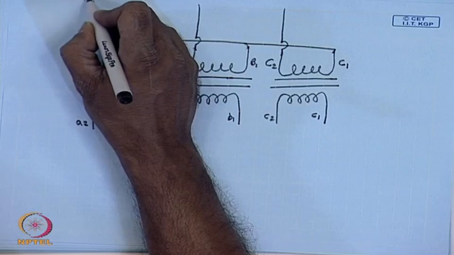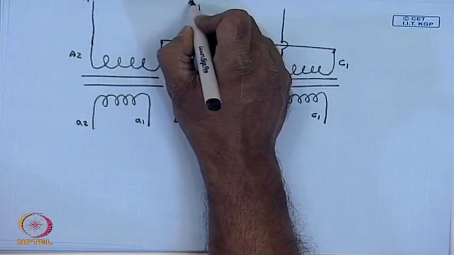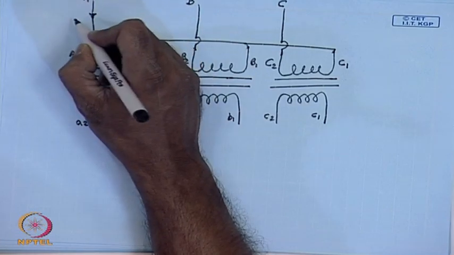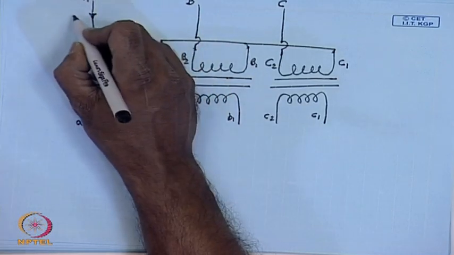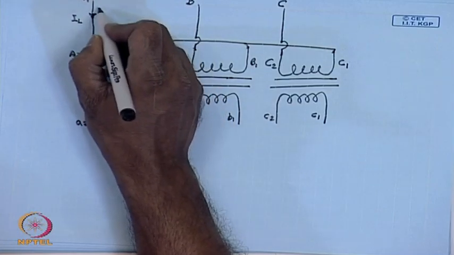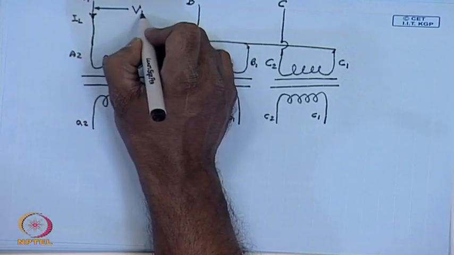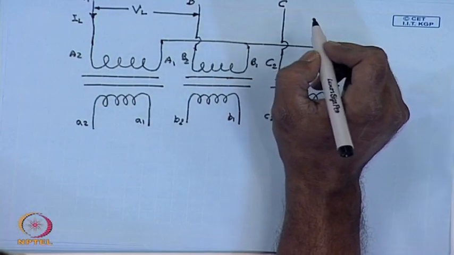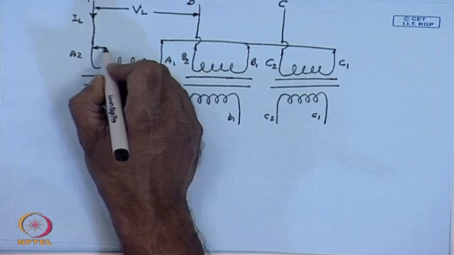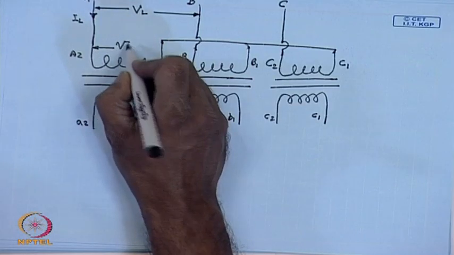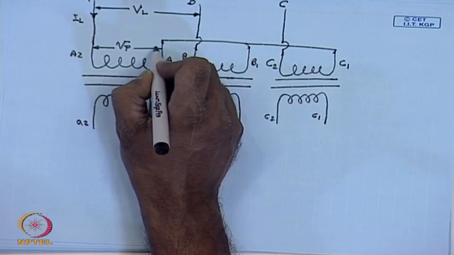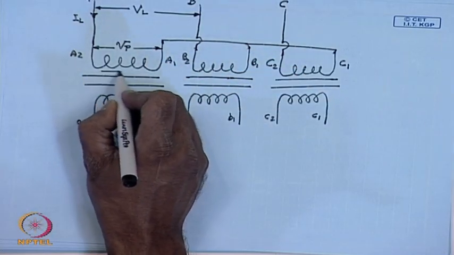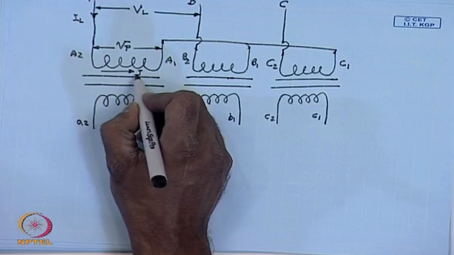So, this is phase A of the high voltage side, this is phase B, this is phase C. This is the line current I_A flowing and this is the line to line voltage V_L, and this is the phase voltage V_P. This is the winding current or phase current I_P.